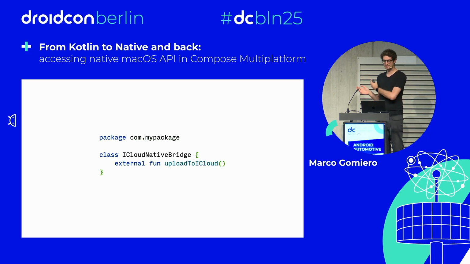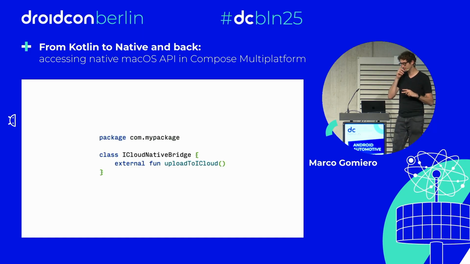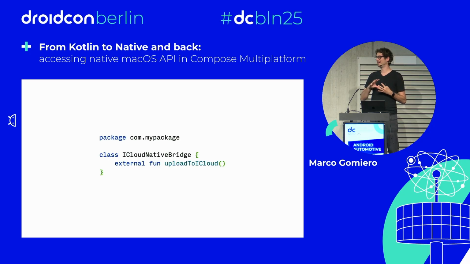We can create a class, and then we have to list the methods as if it was an interface, so that the JVM will know that the implementation of this method will be inside the JNI and inside the native libraries. And that is made possible by marking the method with the external keyword. So in this way, we can instantiate the class, call the method, and then the magic will happen.